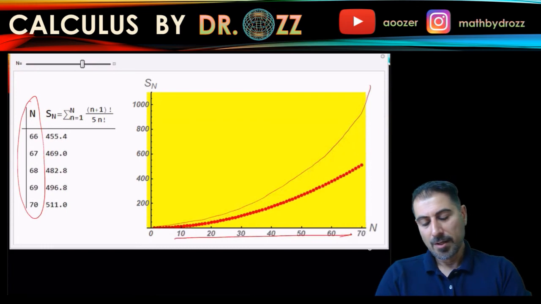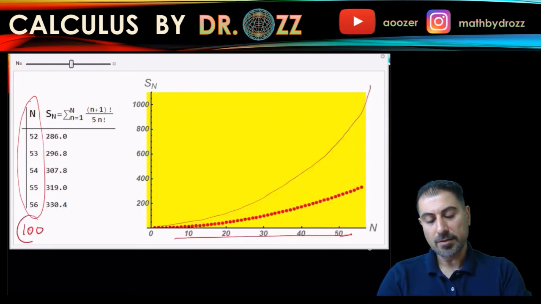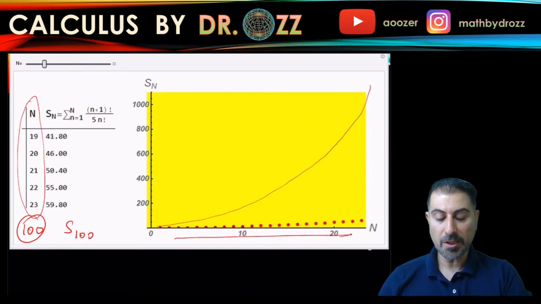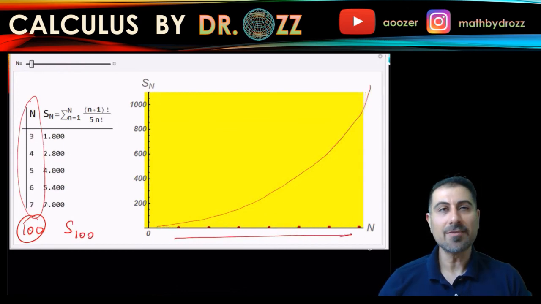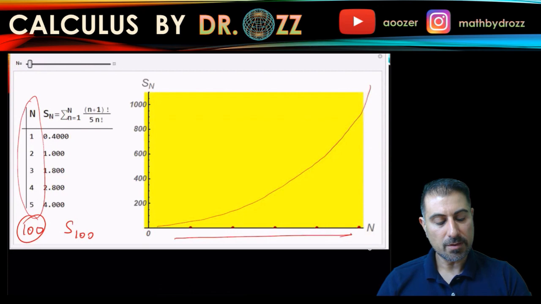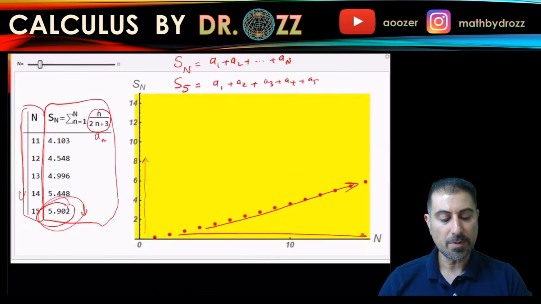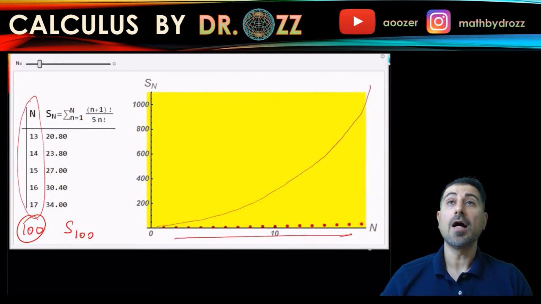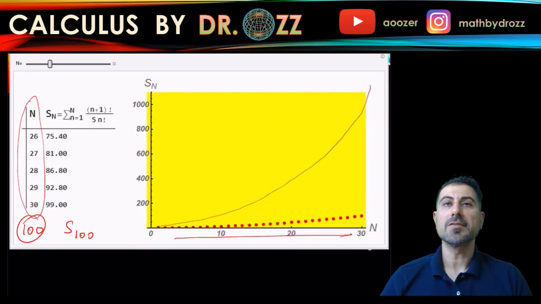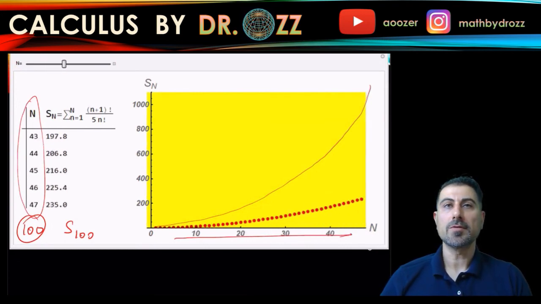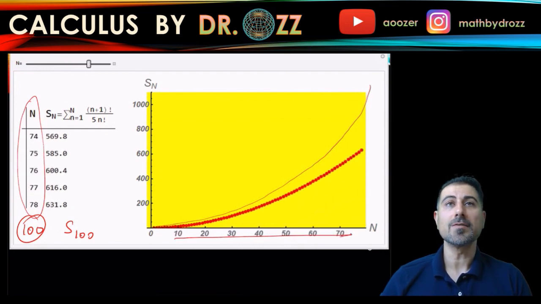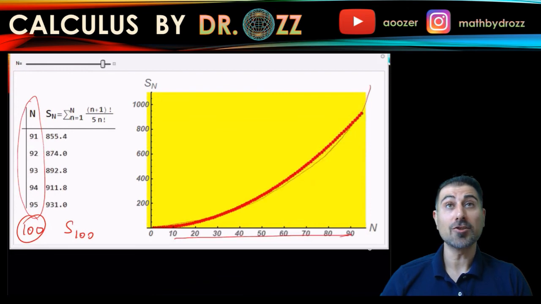Okay, so this is the first 100, so the highest value is here as 100, but if you increase this 100 to 1,000, for example, the graph will keep growing exponentially. So as you see how it grows depending on how many terms you put in the partial sum, the pattern is exponential.